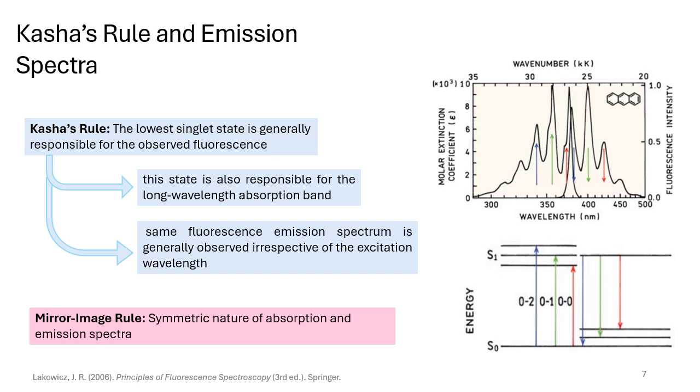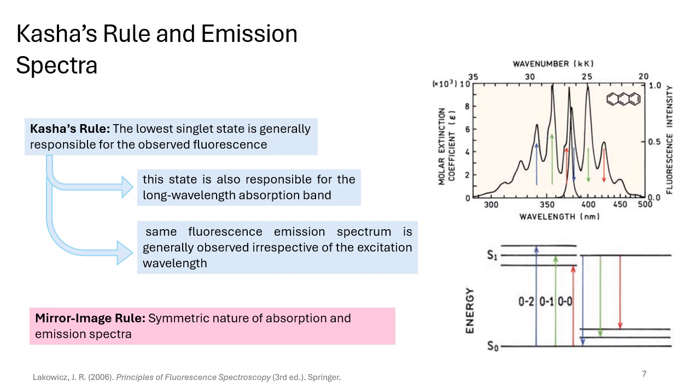So what happens is, upon excitation into higher excited states and vibrational levels, the excess energy is quickly dissipated and the fluorophore comes to the lowest vibrational level of the excited state. This is a very quick process which takes around 10 to the power minus 12 seconds, which results in the same emission spectrum irrespective of the excitation wavelength.